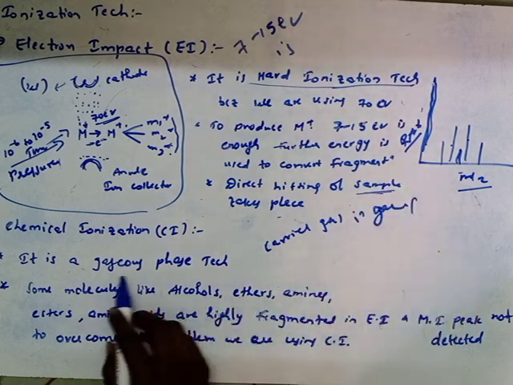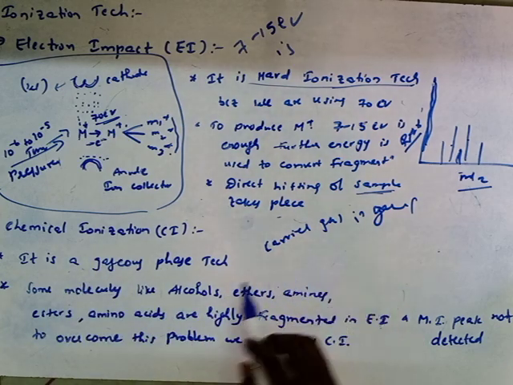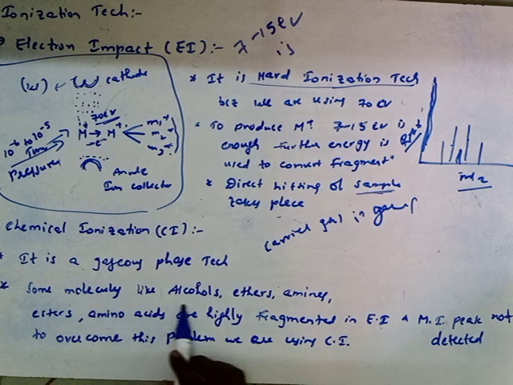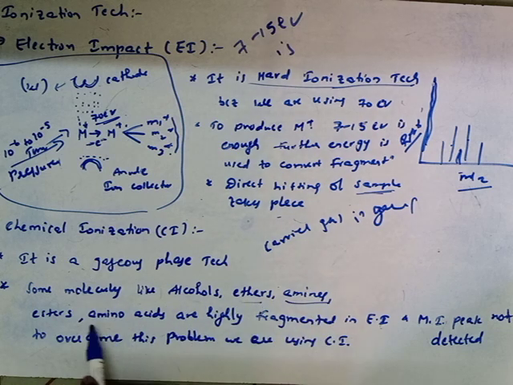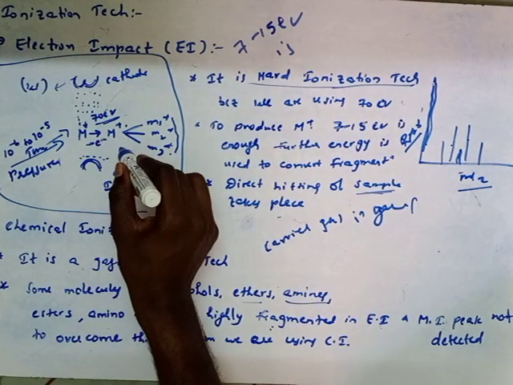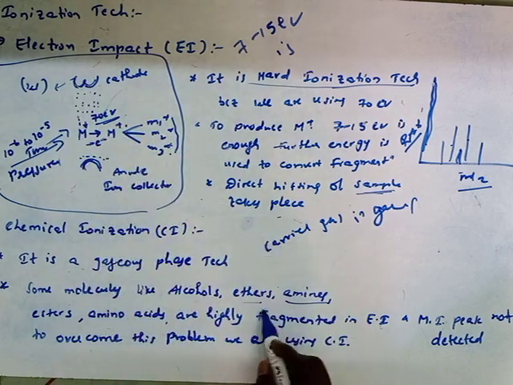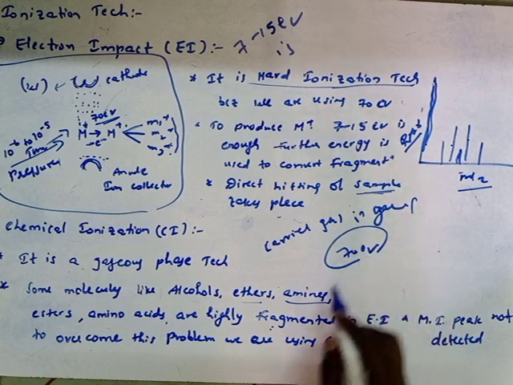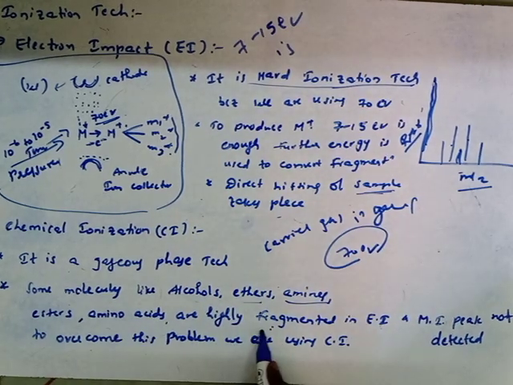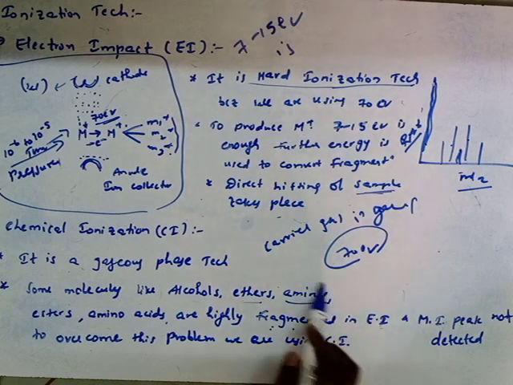Some molecules like alcohols, ethers, amines, esters, and amino acids are highly fragmented in electron impact, that is, electron ionization, where we use 70 electron volt. That's why these molecules undergo heavy fragmentation, and the molecular ion peak is not detected.